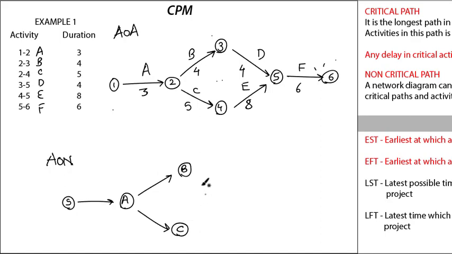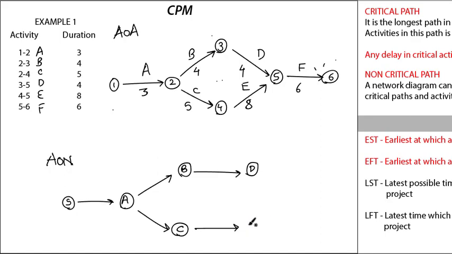Okay, and from this 3 to 5 will be D. So D is literally coming out from B. So D's predecessor is B. Okay, and E's predecessor is C, right?